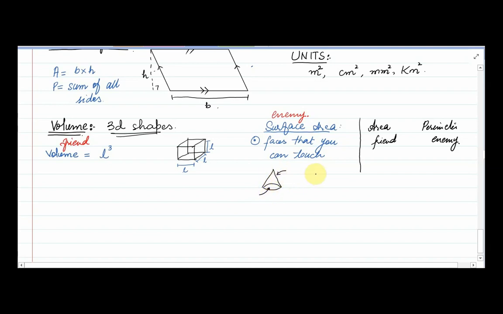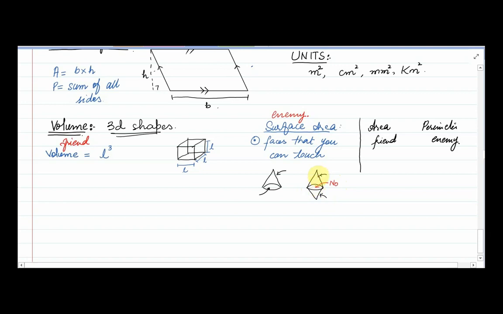But if I make a cone and below that cone I will join another cone. Now if I ask, can you touch this area? You will say yes. Can you touch this area? You will say yes. But can you touch this area? So it's a no. We cannot touch this area because two faces are joined together.